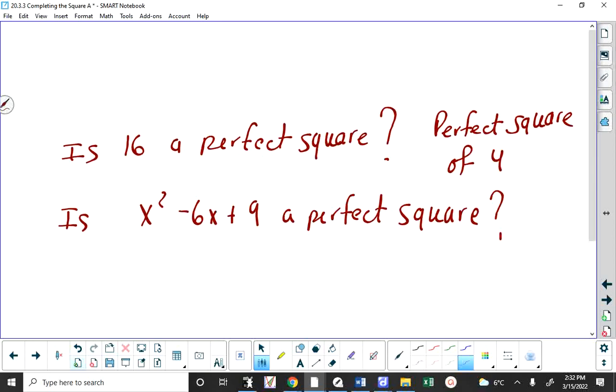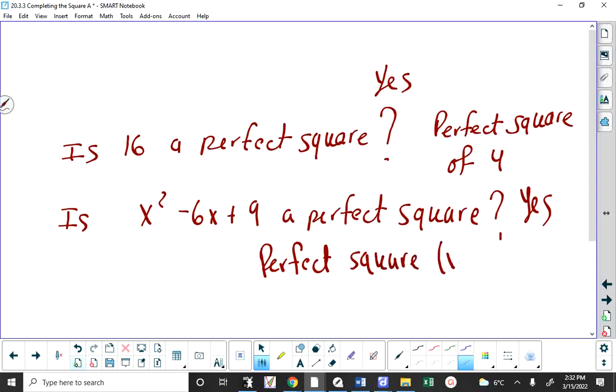And the answer is yes. The answer here was yes. And here the answer is yes. It's the perfect square of x minus 3, because x minus 3 was what we squared to get it. So this is what a perfect square means. It means you can rewrite it as a thing raised to an exponent of 2.